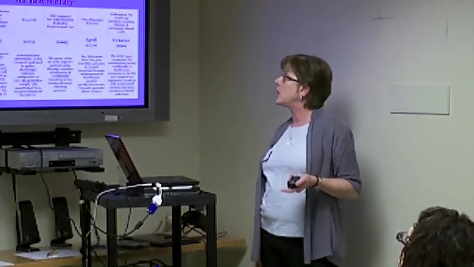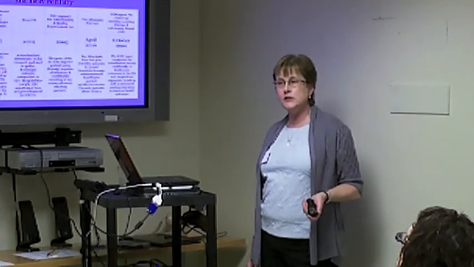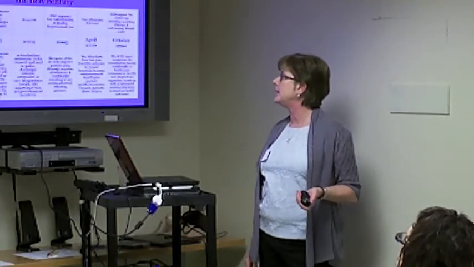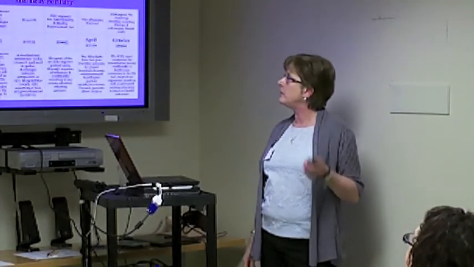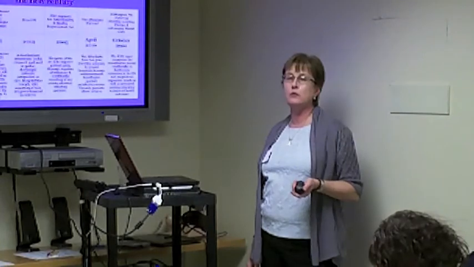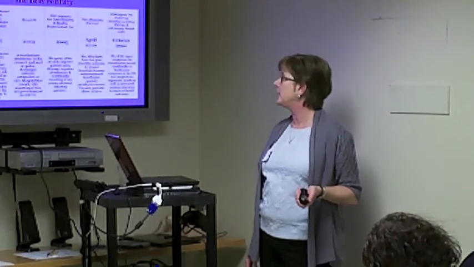And then it was Crossing the Quality Chasm: A New Health System for the 21st Century that really laid down the foundation for what the IOM was going to say was going to be the 6 aims of improvement in healthcare.